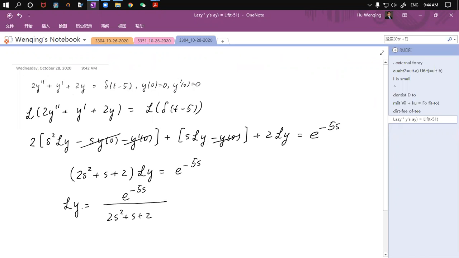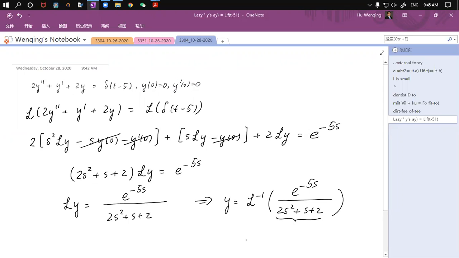And you just want to calculate the inverse Laplace transform. So basically, y is equal to the inverse Laplace transform of e power minus 5 times s over 2s squared plus s plus 2. But how are you going to find this inverse Laplace transform? That's going to be a question. Even from our previous lectures, we've been talking many times that every time you see a square, you have two options.